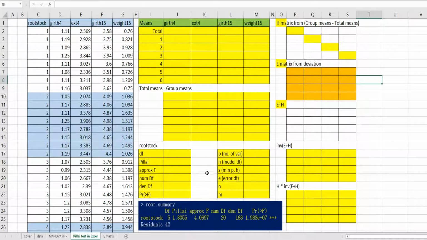Let me show you how to calculate Pillai's test statistic in Excel. Let's start from calculating means. So total means can be calculated by the average function.